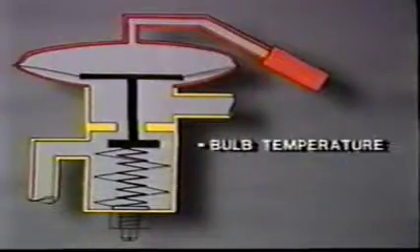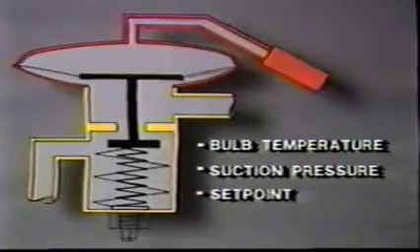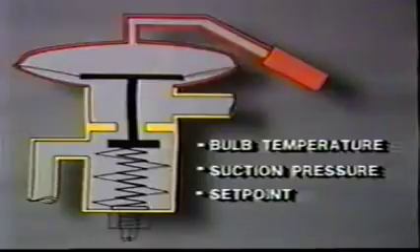Adjusting the superheat on a thermostatic expansion valve only adjusts the set point of the valve. It is the temperature at the bulb, together with the suction pressure and the set point, that determines whether the valve will open or close.